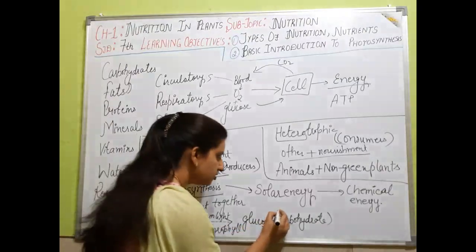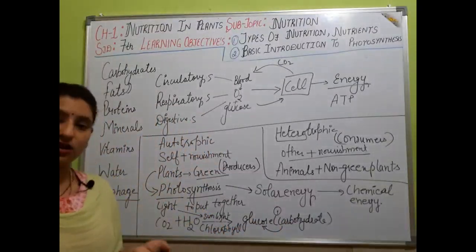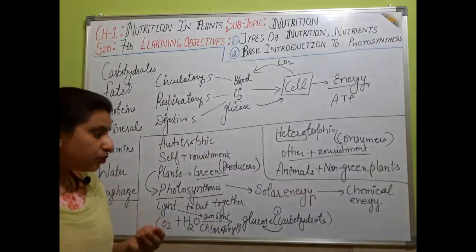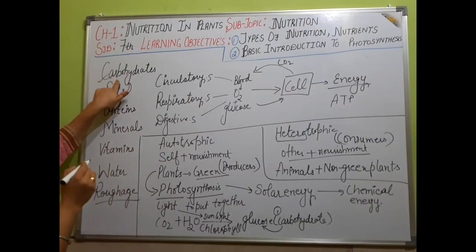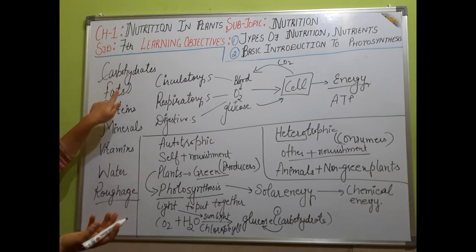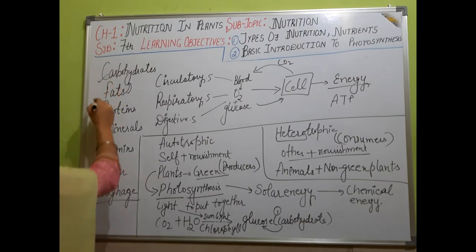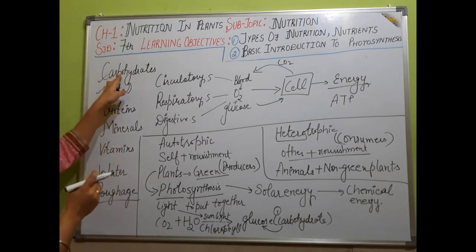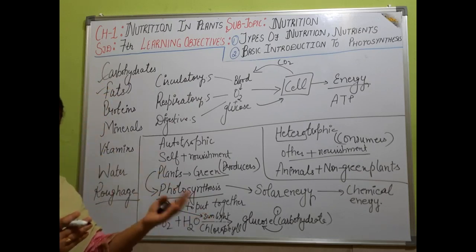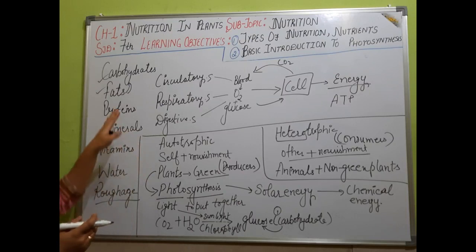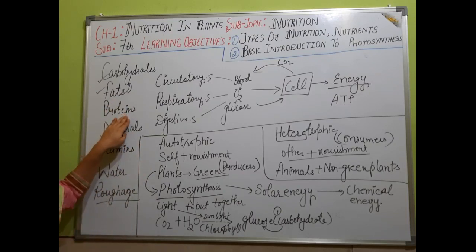Now this is the first product you are going to have. Second product, the main nutrient, as we have discussed, first we have carbohydrates as energy giving food, and second, because fats are also energy giving food, how carbohydrates are converted into fats, we will discuss later on in the chapter. But the second main component is protein, the bodybuilding food.